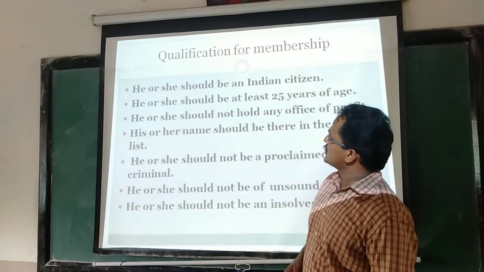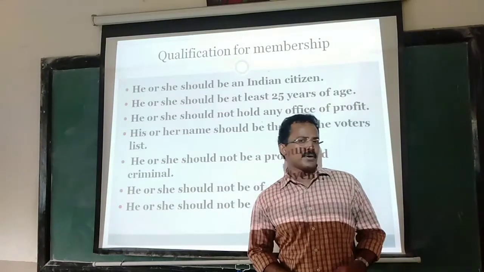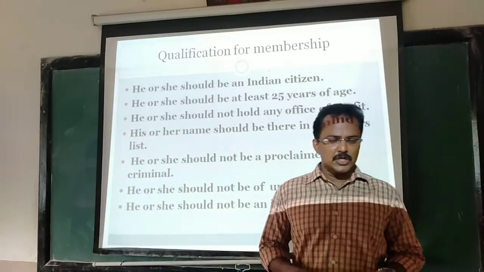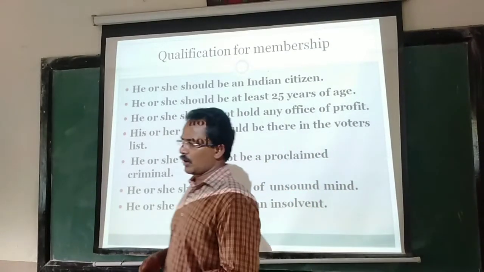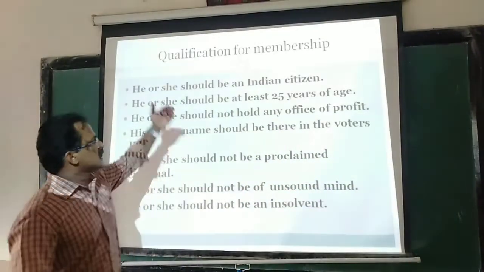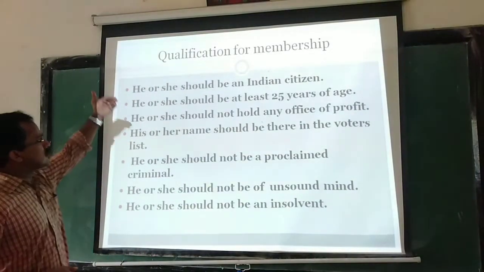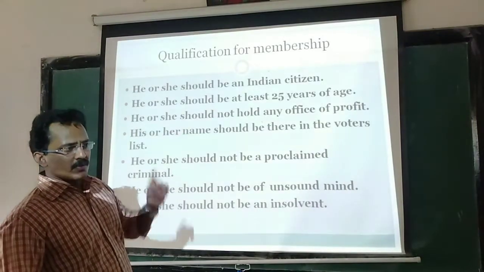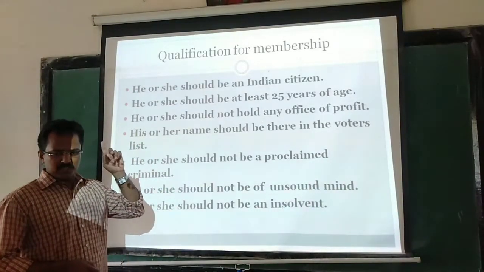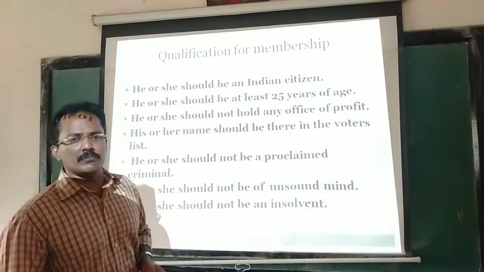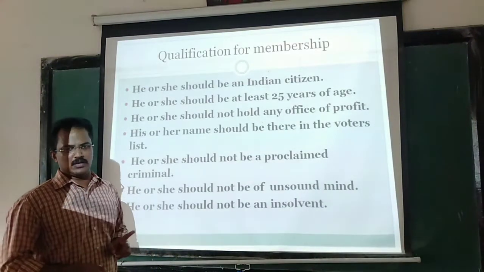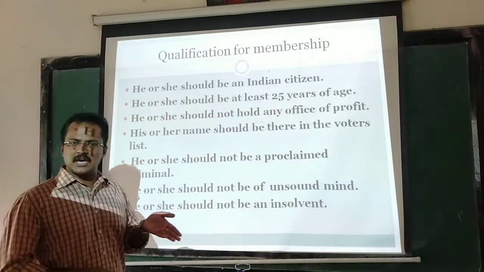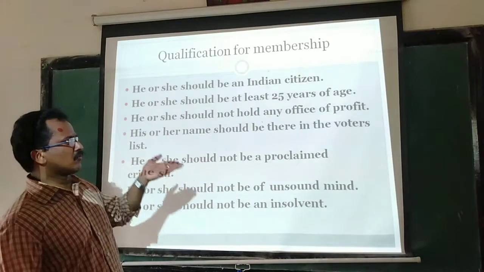Then the next topic is, for being a member of Lok Sabha, a person should possess the following qualifications. There are 7 important points, 7 qualifications for being a member of Lok Sabha. The first one, the person, he or she should be a citizen of India. No foreigners can become members of Lok Sabha.